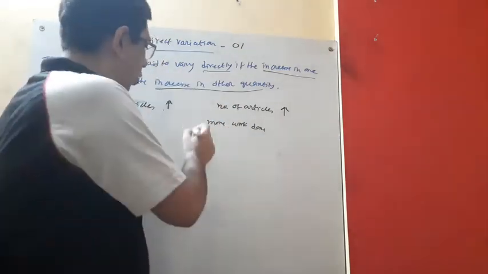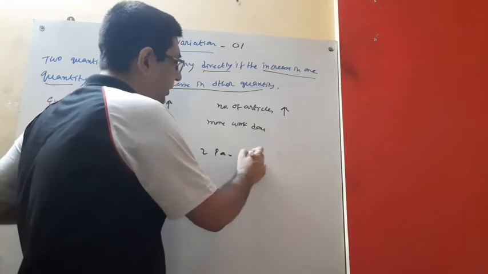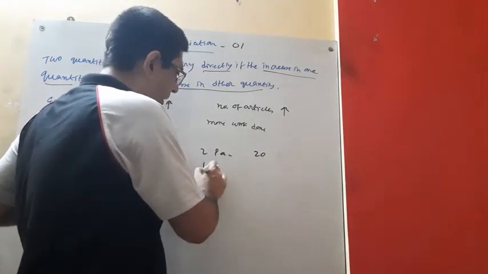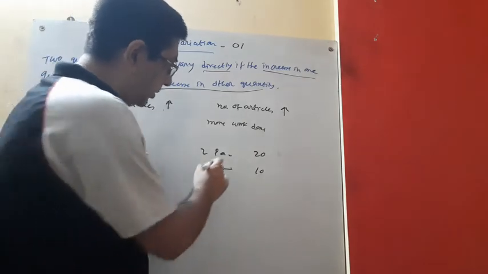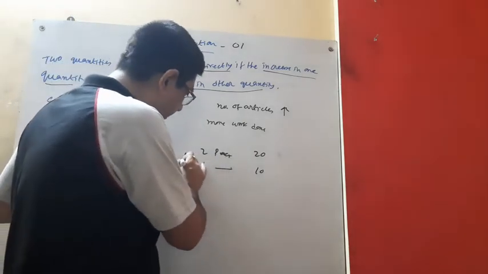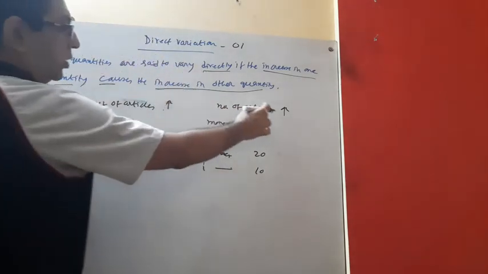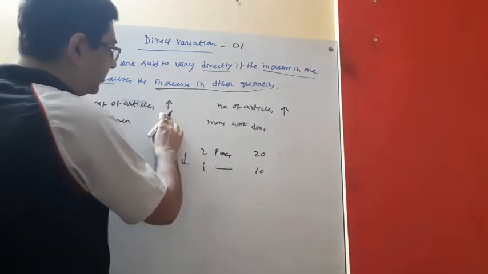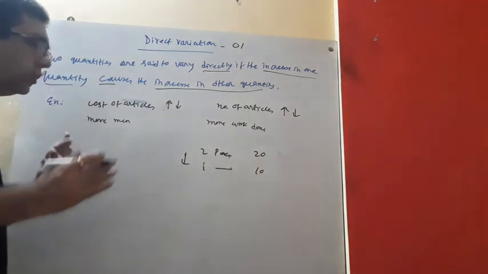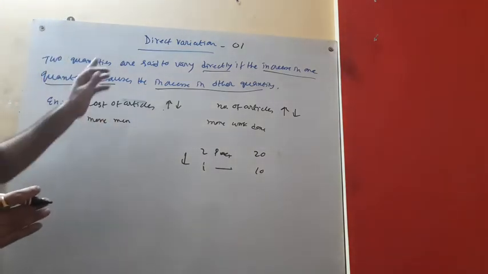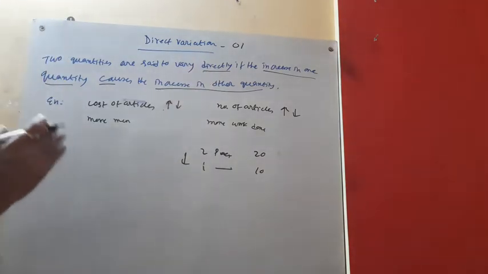Suppose the cost of 2 pens is 20, then the cost of 1 pen is 10, because the number of articles decreases. That is, if the number of articles increases, the cost increases. If the number of articles decreases, the cost also decreases. So this type of relation is called direct relation or direct variation.